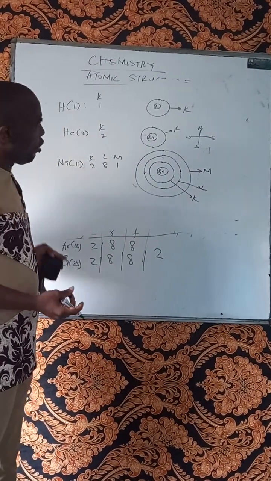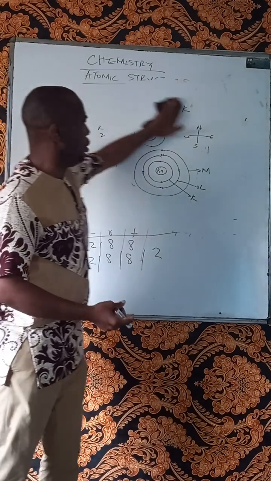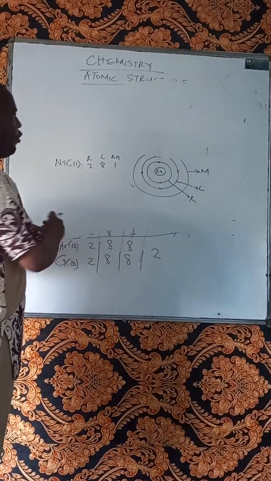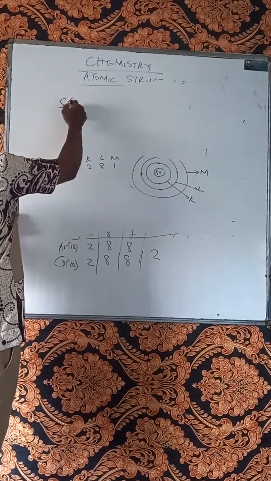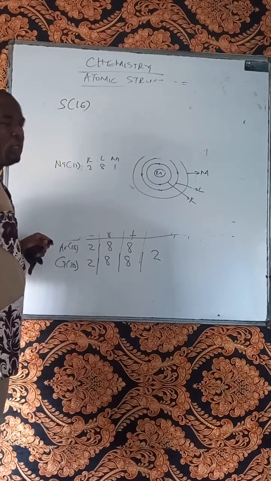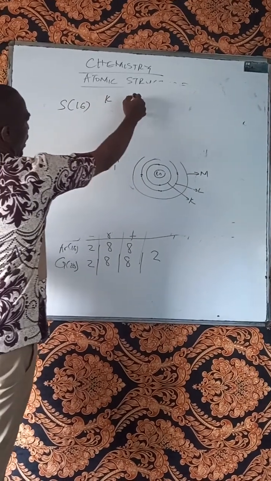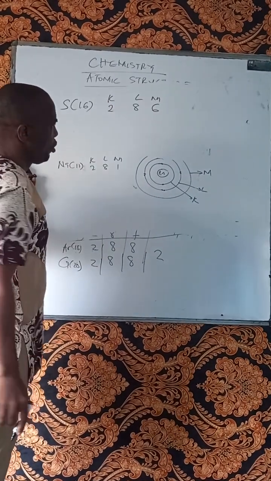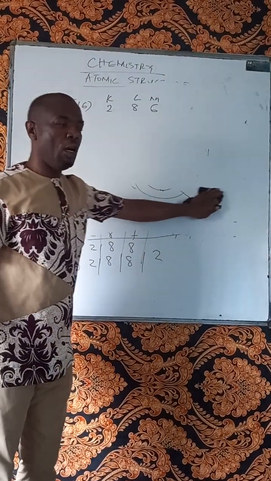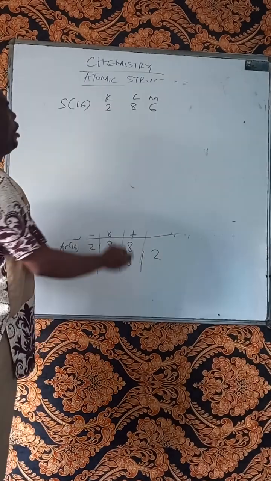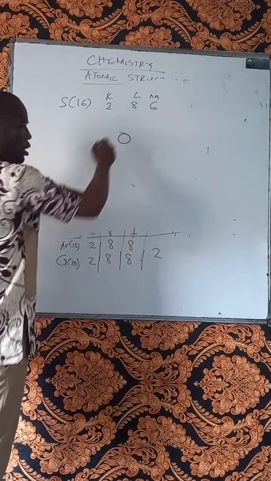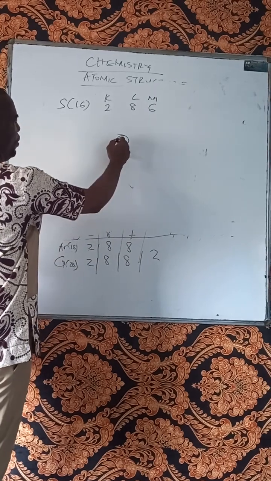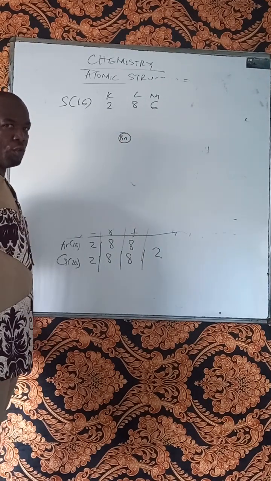Now, what of sulfur? Let's take one more example on this. The atomic number of sulfur is 16. Then K, L, M: 2, 8, 6. So how would I draw the atomic or electronic structure of sulfur? I will draw the nucleus. This is my P and N, proton and neutron.